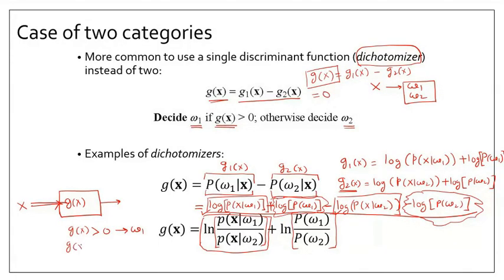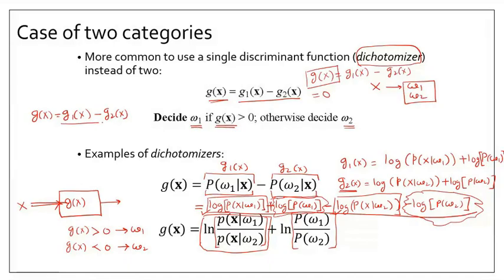If g(x) is less than 0, my decision is omega 2. Why am I saying that? g(x) is defined as G1(x) minus G2(x).